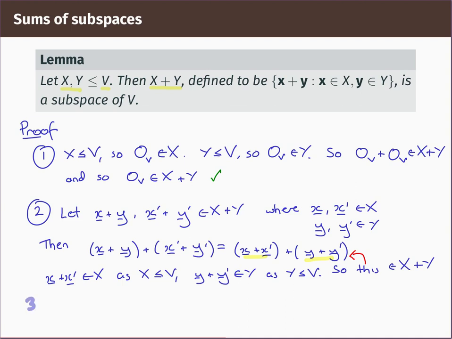The final property is scalar multiplication. We have to show that X plus Y is closed under scalar multiplication. So we let this be an element of our sum, and we let A be a scalar.